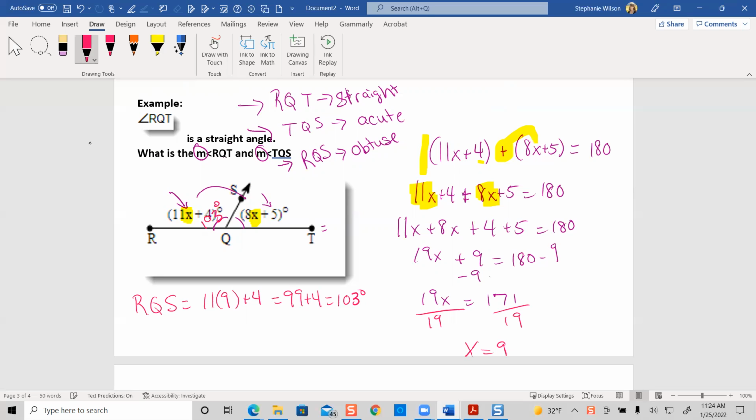Now let's find TQS, and that's 8 times x plus 5. 8 times 9 is 72, plus 5, so it's 77 degrees, and we now know what the degrees are. If we're not sure, we can take that 103 plus 77. If it equals 180, then check mark. We did it right.